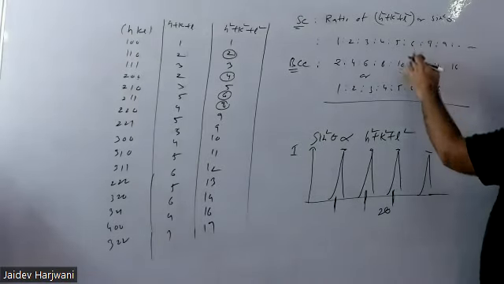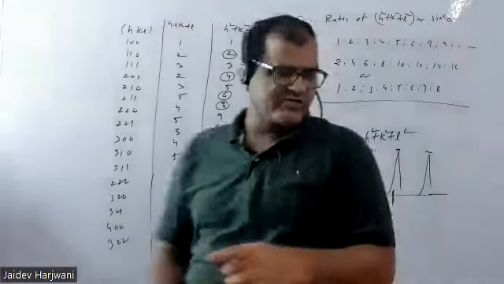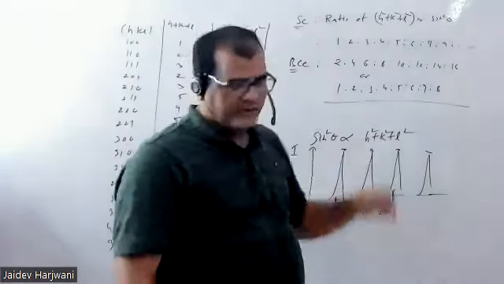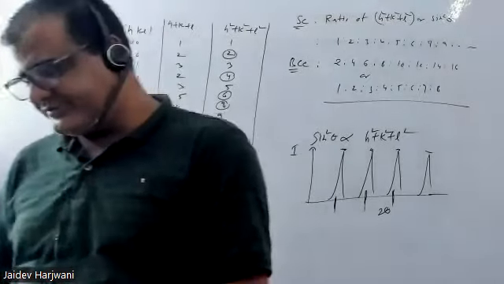Okay, here 7 is not there, here 7 also is there. So by calculating the sin square theta values, you can tell which structure is what type.